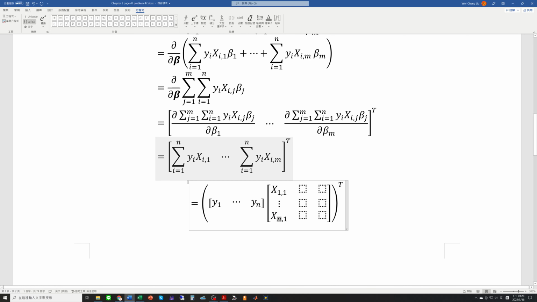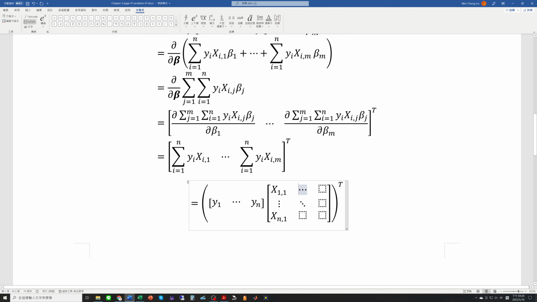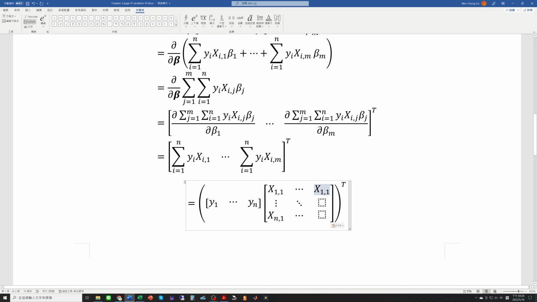Okay, and so on. So we input vertical dots here, a diagonal dots here, and a horizontal dots here. And finally we can see that x_i1 is changed to x_in. So all we need to do is to copy x11 here and change the second index to m.